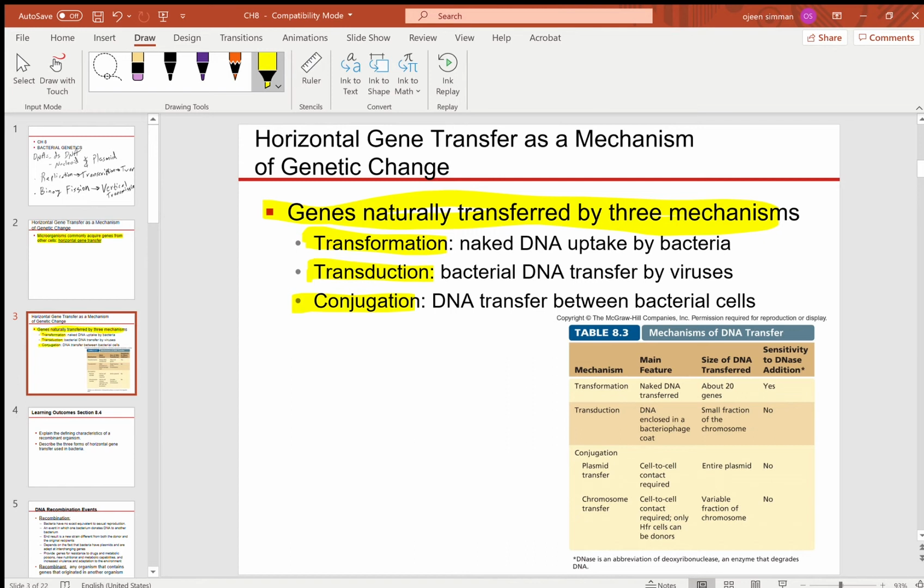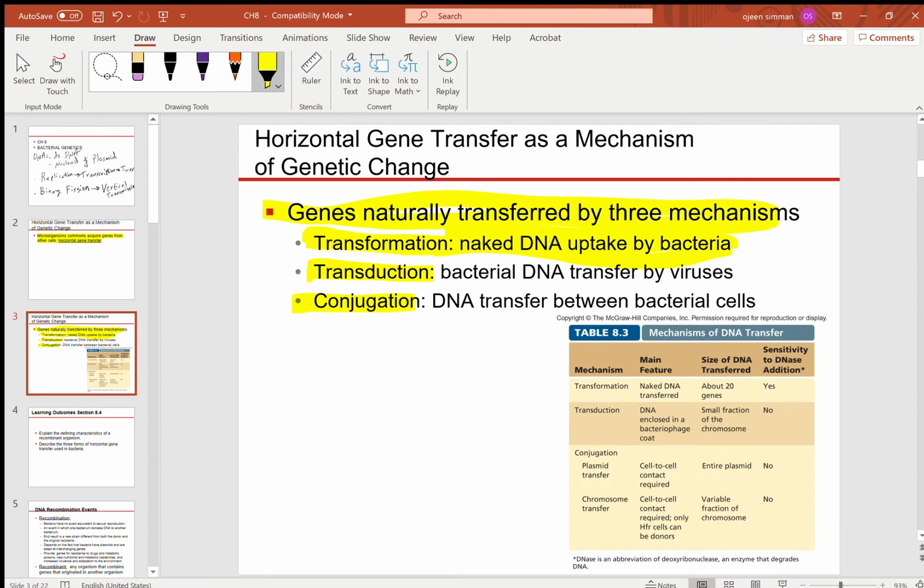Transformation is basically where naked pieces of DNA are taken up by bacteria. So imagine in the environment, bacteria dies. When bacteria dies, it releases DNA into the environment. Nearby bacteria that sees that DNA takes it up and transforms it.